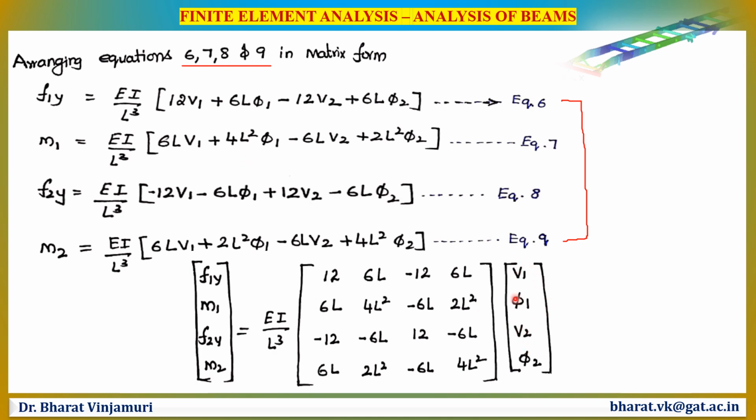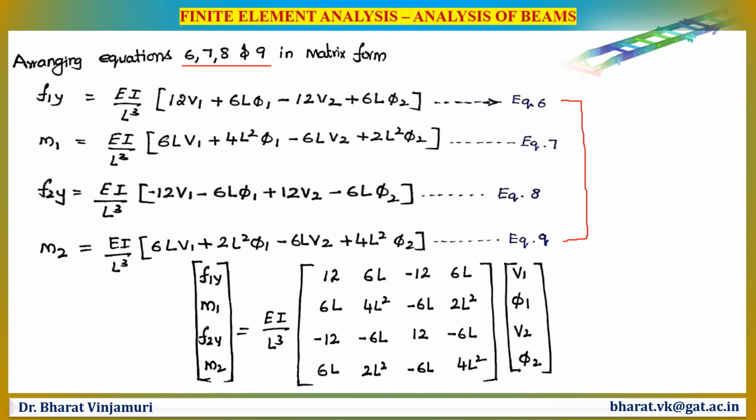So we have got this on the right hand side. Now in between, we get the matrix. The coefficients of V1, pi 1, V2 and pi 2 will fill this matrix. 12, 6L goes here, minus 12 and 6L. Similarly, the second row is filled with 6L, 4L square, minus 6L, 2L square.